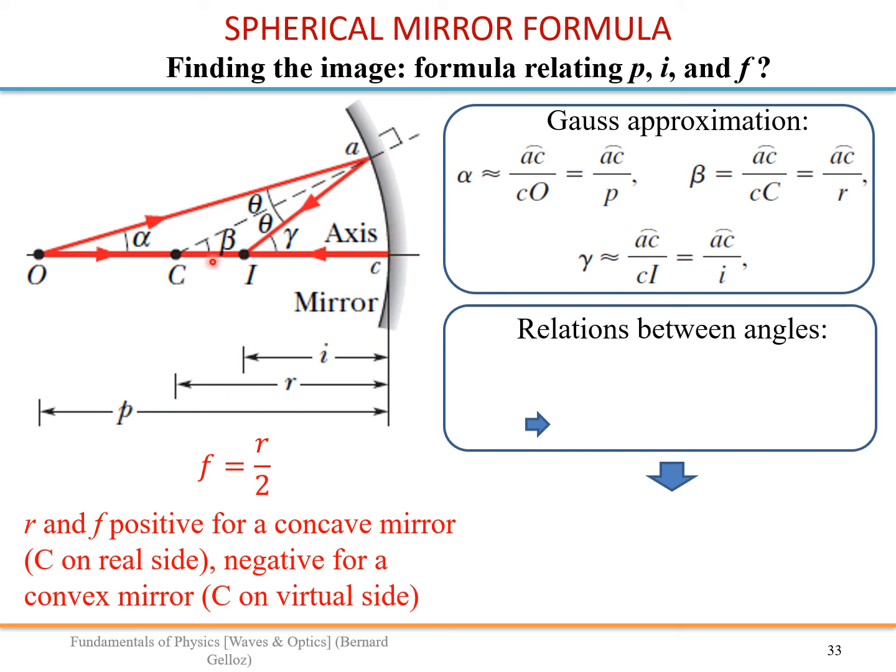CC here is R. So it's AC, the piece of circle here, divided by R. Now let's look at alpha. Because all these lines are very close to the central axis, alpha is very small. So you can take the approximation that alpha is also equal to AC divided by this distance, small co.